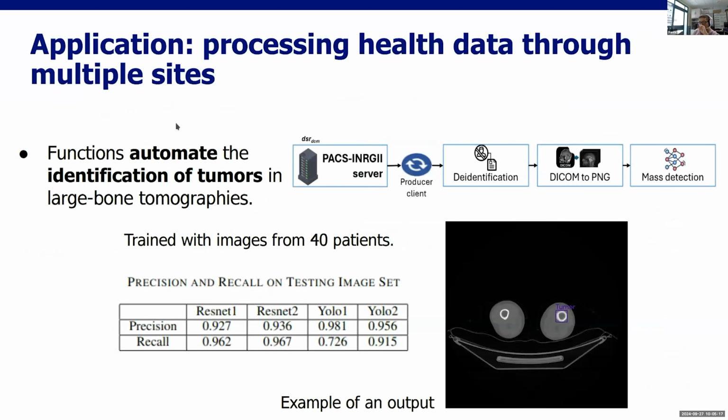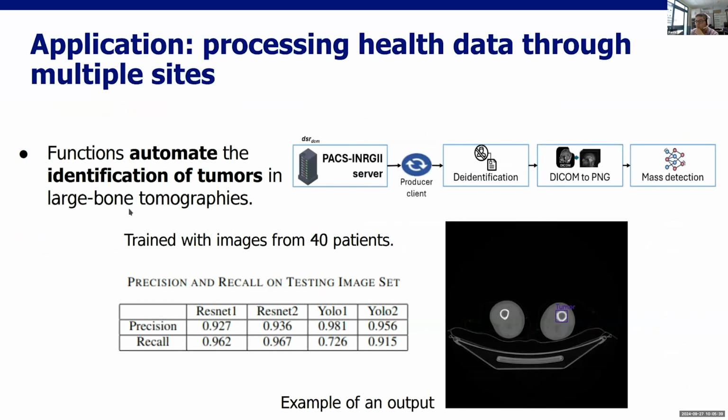So these are our results from this application. Basically, we created an autonomous system where we automate the deployment and execution of functions using Globus Compute, and we automate the movement of data using DynoStore.